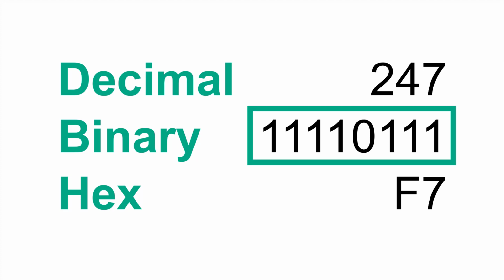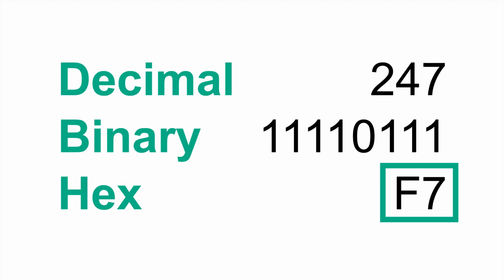The binary system can display any number you can think of using only ones and zeros. This is great for computers because they mostly get data from lots of switches that are either on or off, 1 or 0, true or false, high or low, whatever you want to call it. It's essentially saying the same thing. So here you see 247 in binary is represented as 11110111.